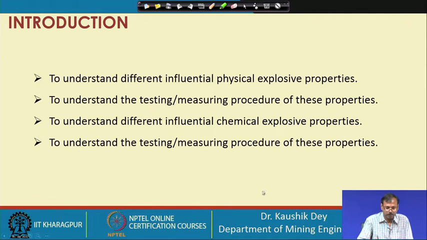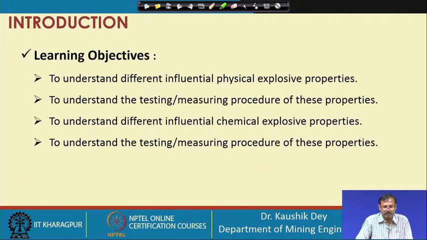So, our learning objectives for today's class are to understand different influential physical explosive properties, to understand the testing and measurement procedure of these properties, to understand different influential chemical explosive properties, and to understand the testing and measuring procedure of these properties.